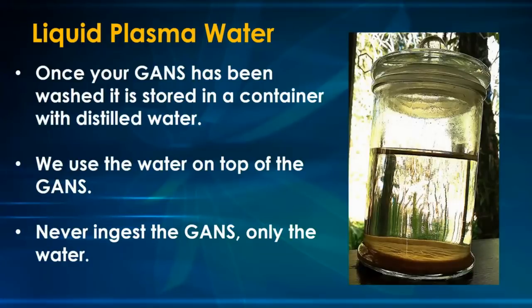So as you can see in the picture, your GaNs has settled down to the bottom, and you've got all this water which is sitting above your GaNs. So what we do is we only use the water which is above the GaNs. We do not use the GaNs itself. We do not ingest the GaNs in any way. So we are only using the water.